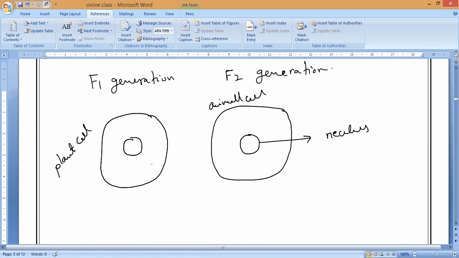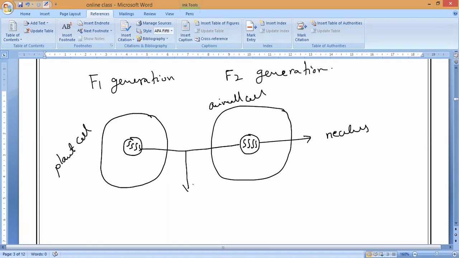So they both have a nucleus. In this nucleus, by the time you were in class 8 you might have noticed thread-like structures. Have you noticed it, guys? Every cell of an organism has a nucleus at the center, and inside it there are thread-like structures. Yes.